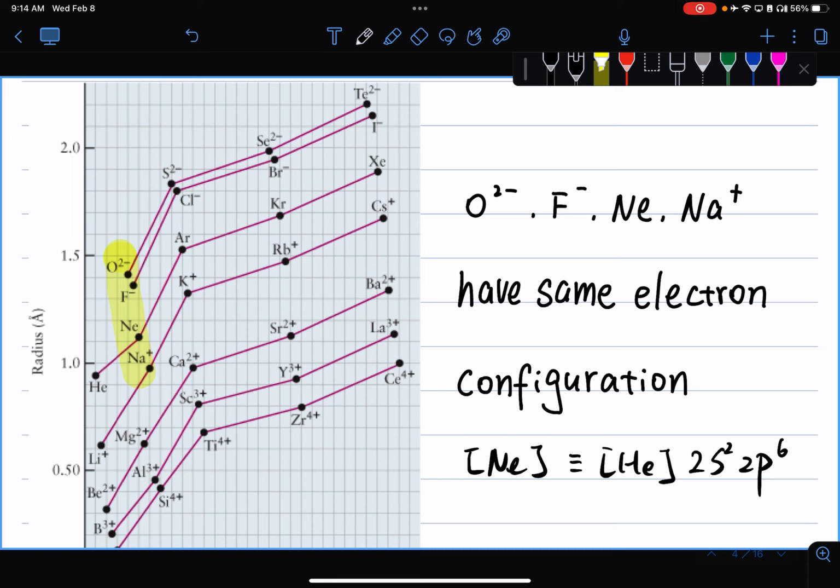So in this case, how do you understand the trend we're observing here? Because we see a clear trend, right? Oxygen 2 minus has a larger radius, and sodium plus has a smaller radius.